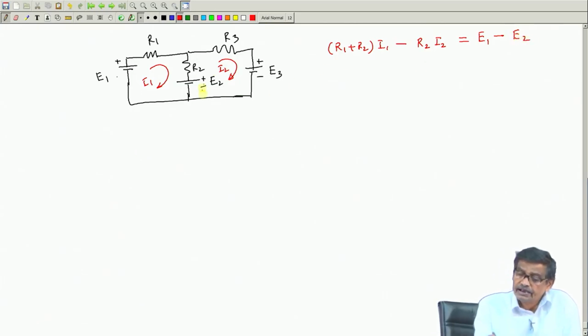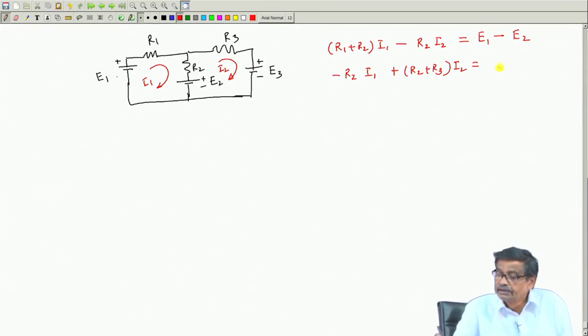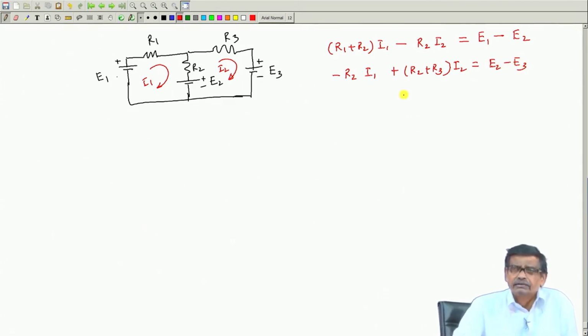Similarly, the KVL equation in mesh 2: the coefficient of I2 is the sum of all the resistances, R2 plus R3, into I2, and the coefficient of I1 is the common resistance with a negative sign, and this is equal to E2 minus E3. Then you solve these two equations and get the currents in various branches.